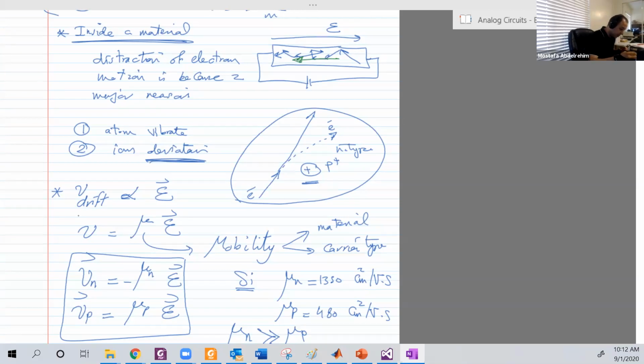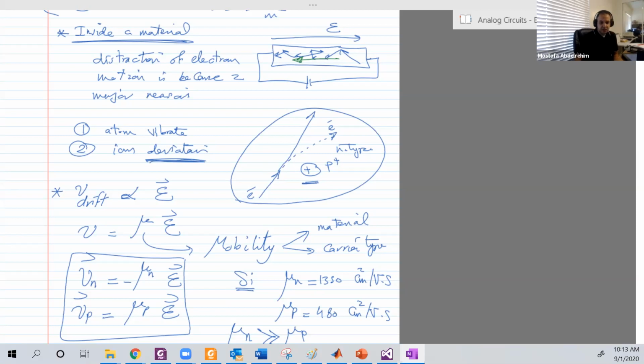So Vn is equal to minus mu n multiplied by the electric field. Here is the minus because the electrons move against the electric field. And Vp, the drift velocity of the holes, is equal to mu p multiplied by the electric field, epsilon.